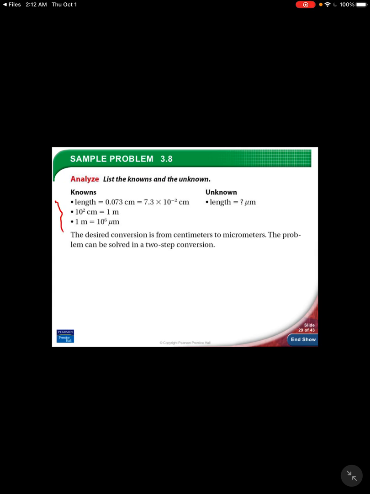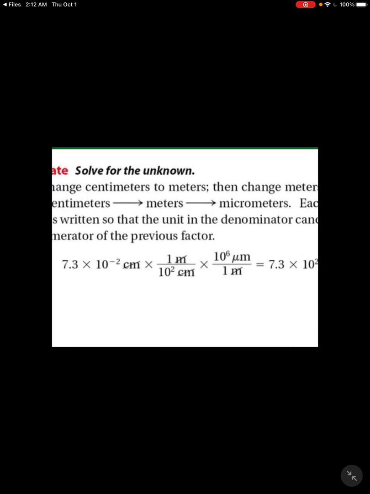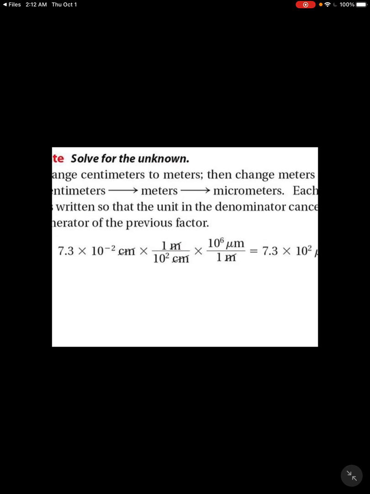I'll start off with centimeters, and so I'll want centimeters in my denominator, and that'll give me an answer in meters, but that's not what they asked. I wanted micrometers, so in the next conversion factor, I'll want meters in the denominator. And let me show you that problem set up right here.